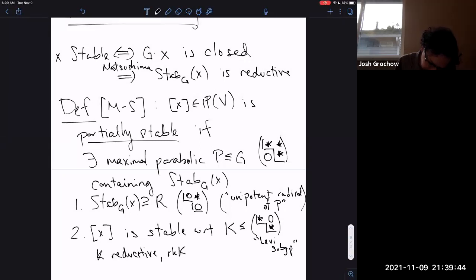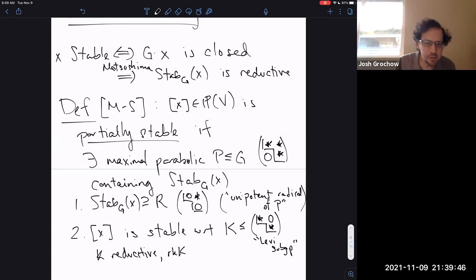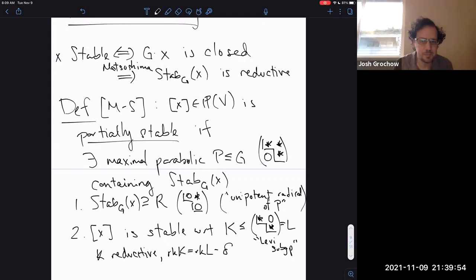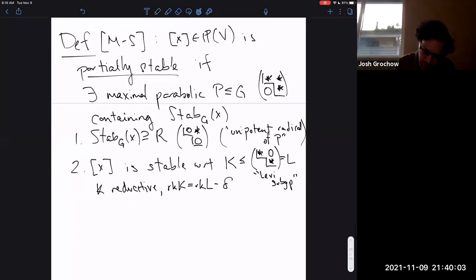And the rank of K is allowed to be smaller than the rank of our Levi subgroup by some defect delta, which will often be 1. And the stabilizer of X in L should also be reductive.